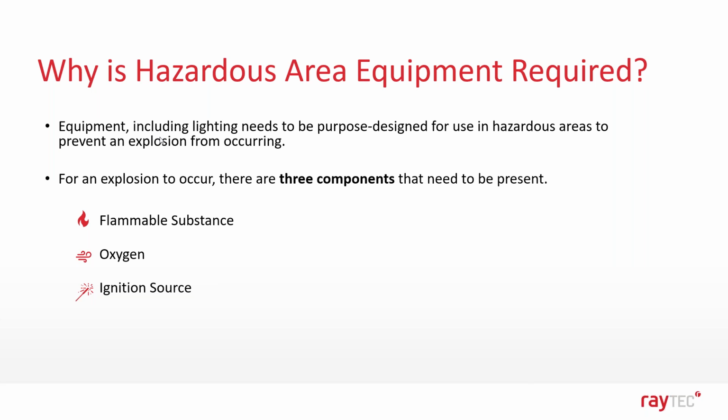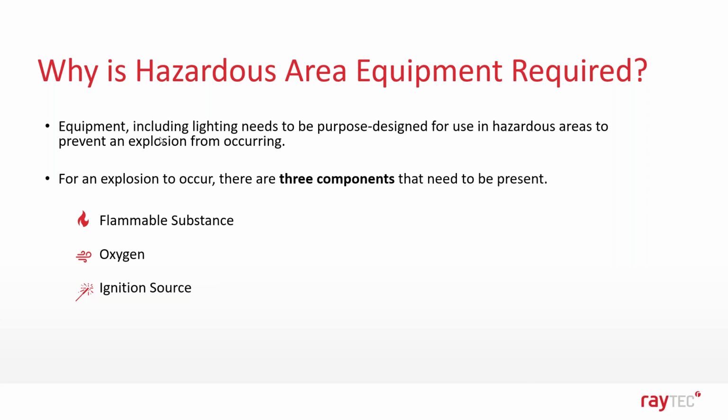To understand this further, we need to look at the three components that must all be present for an explosion to occur. The first is a flammable substance or fuel in the form of a gas, vapor, or dust. The second is oxygen. As we all know, the air that we breathe is around 21% oxygen, and so that provides ample amounts of oxygen when mixed with fuel to form an explosive atmosphere.